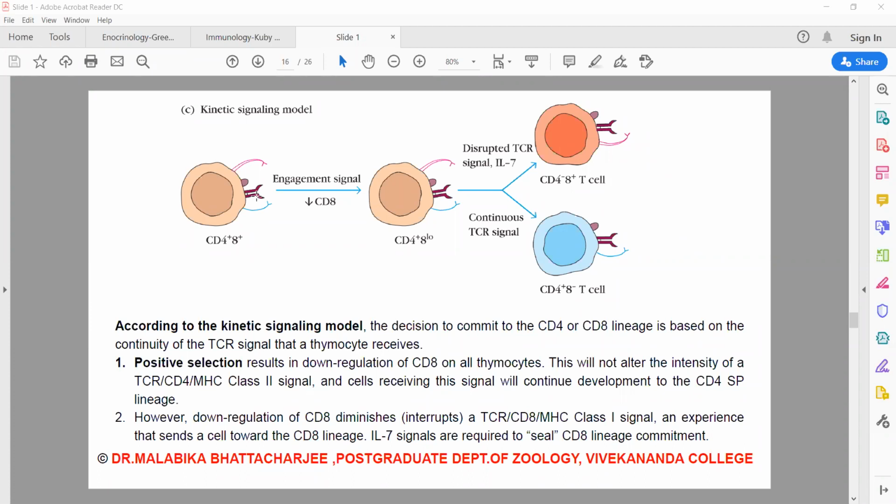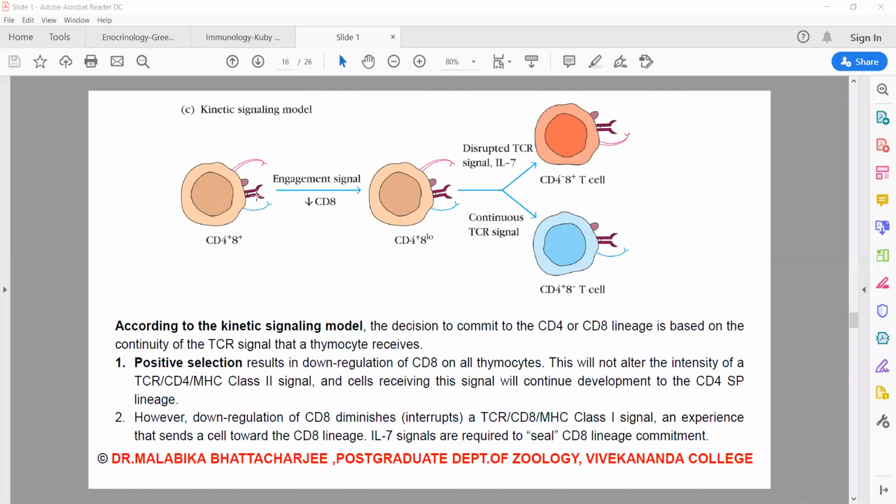The moment they detach, the TCR MHC signaling is disrupted. The moment the TCR MHC signaling is disrupted, they are then revived. Singer et al. further said that these cells where the disruption has occurred are rescued by IL-7.